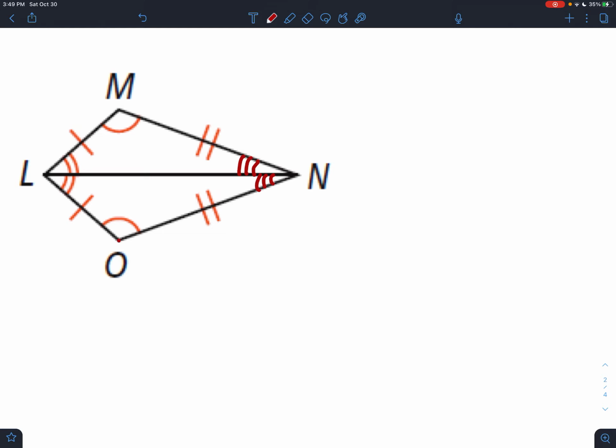Right? All three angles match up. And then this long side here that they both share, right? LN is congruent to LN.